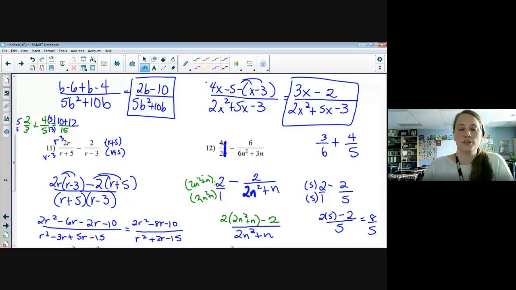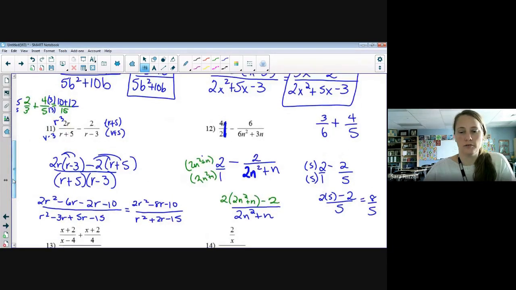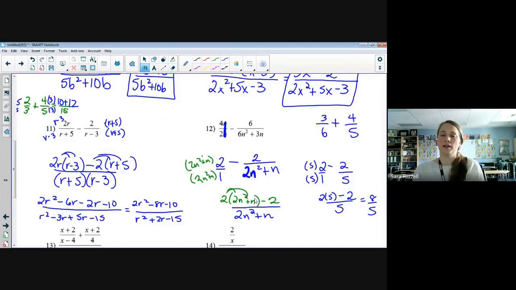So 2 times 2n squared plus n. And then this one already had the denominator I wanted, so I didn't have to do anything to it. I just brought the minus 2. I think I'm going to run out of space for this problem, but you can go ahead and distribute, and that's 4n squared plus 2n minus 2.